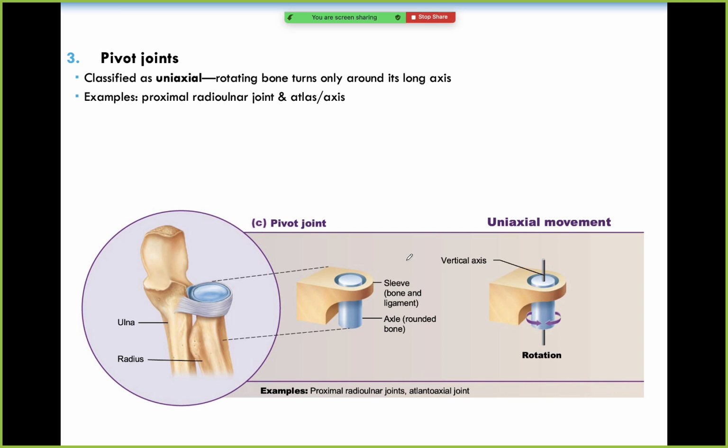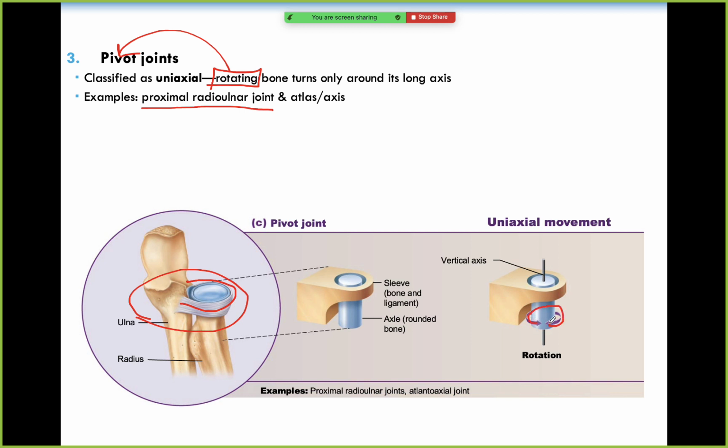The third one is a pivot joint. This is movement in a single axis as well, but by rotation, hence the name pivot joint. The proximal radioulnar joint, and proximal means this region closer to the elbow. If you see, it's a circular ligament, and it allows for rotation, and that rotation is going to be in a turning motion.